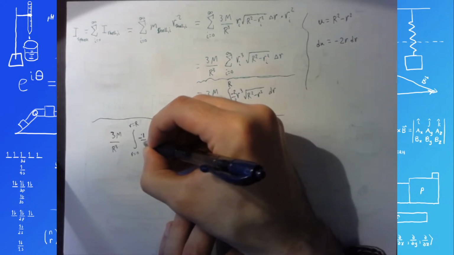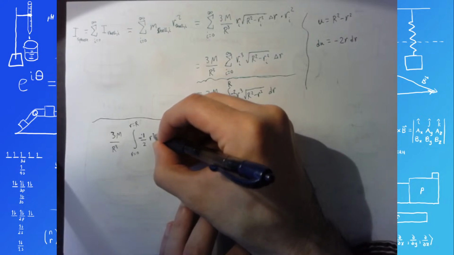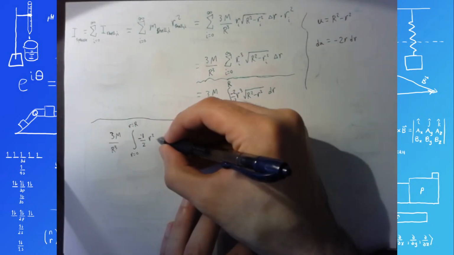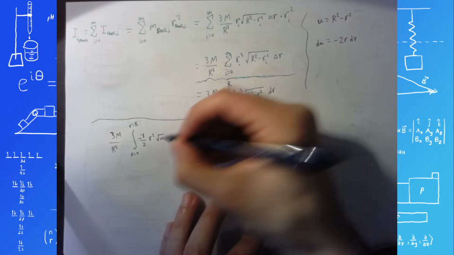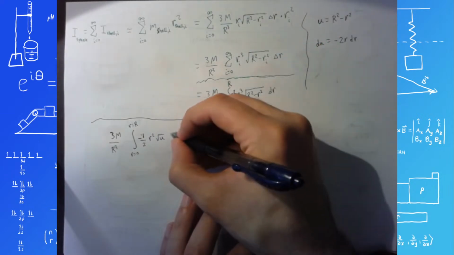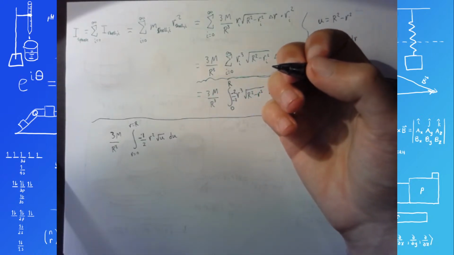What's left there is r squared, and then the square root becomes the square root of u. And I took my negative 2r dr, so now I should have a du.